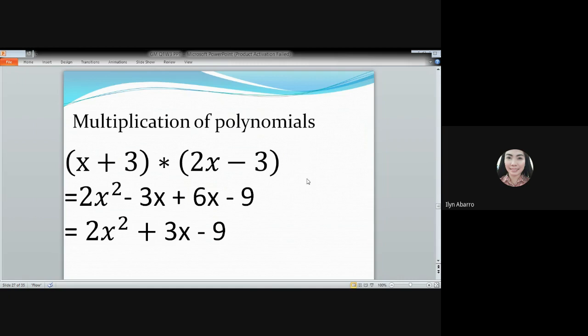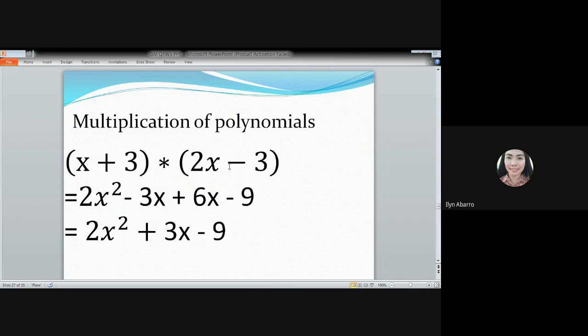FOIL method is the abbreviation for F is for the first term to first term. We will multiply x times 2x. Okay? So, in multiplication, we will multiply the numerical coefficient and you will copy the base and add the exponents.